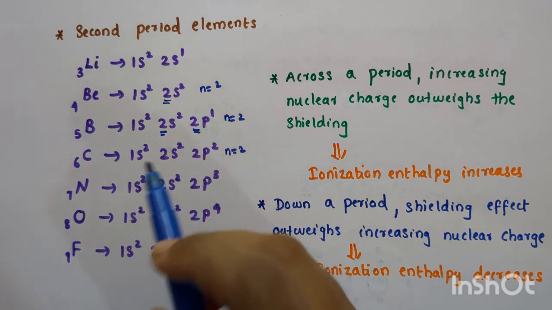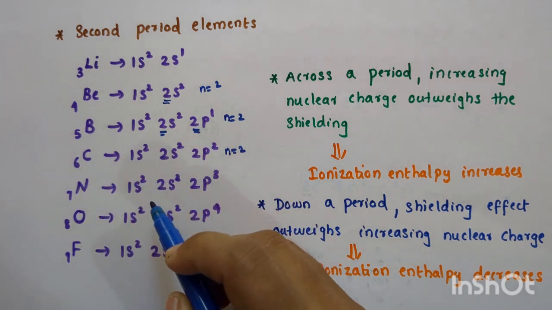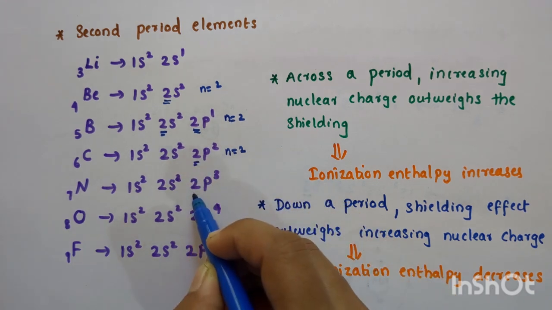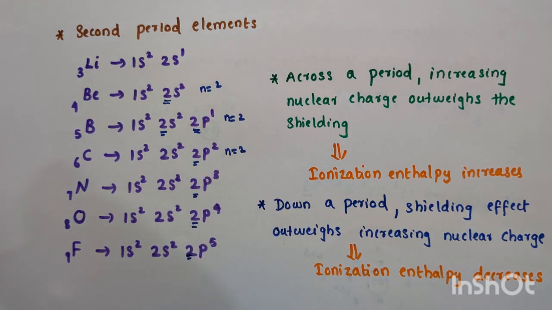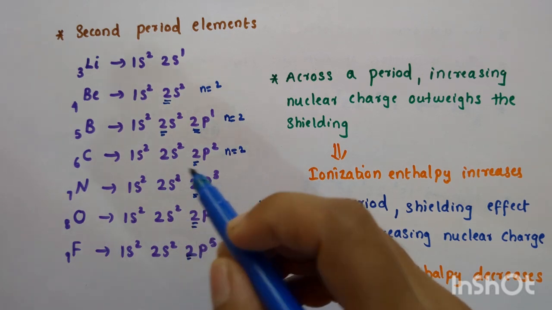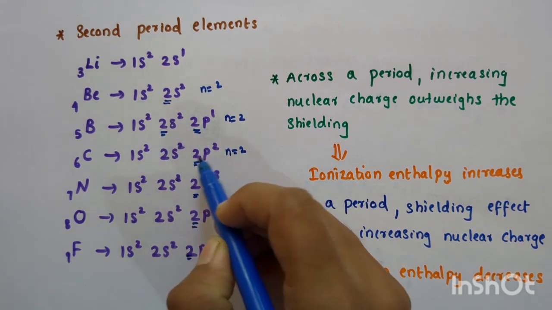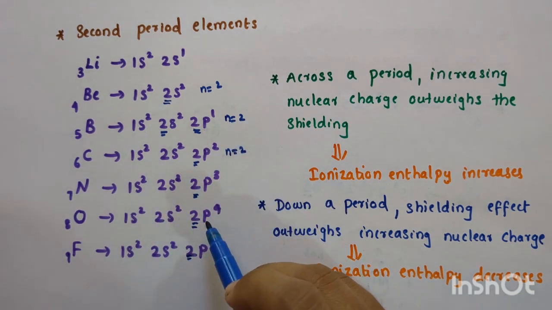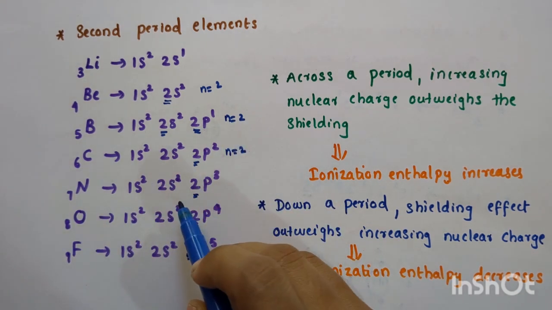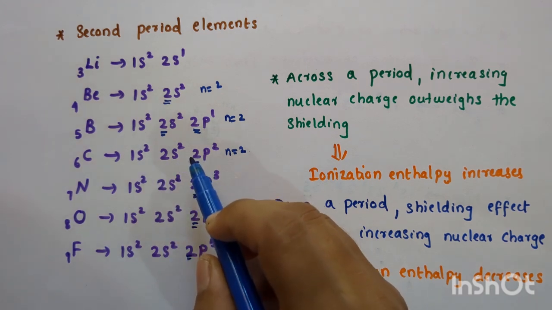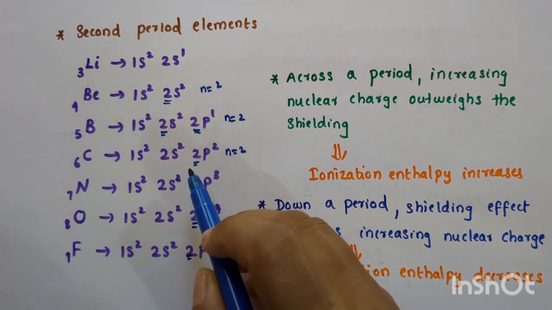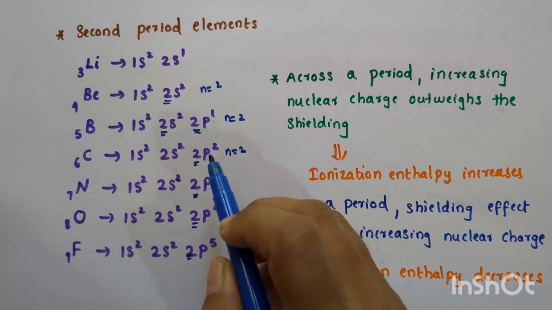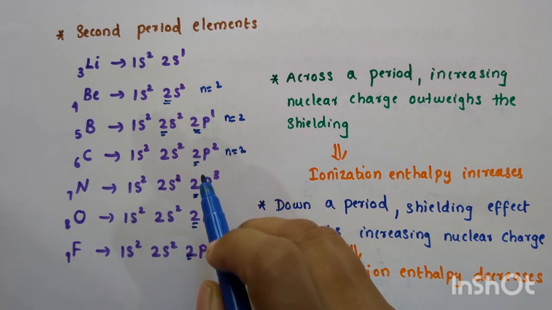That is, when we move from lithium to fluorine across the second period, the successive electrons are added to orbitals in the same principal quantum level. Here, electrons are added to 2s and 2p orbitals, that is the same principal quantum level, n is equal to 2. And across the period, the shielding of the nuclear charge by the inner core of electrons does not increase very much to compensate for the increased attraction of the electron to the nucleus.